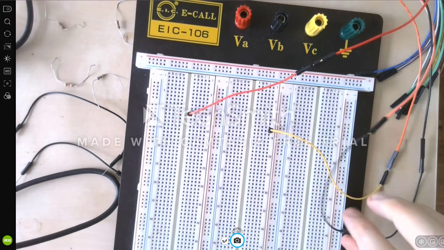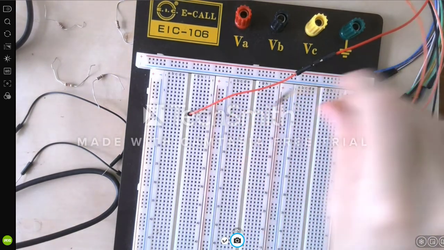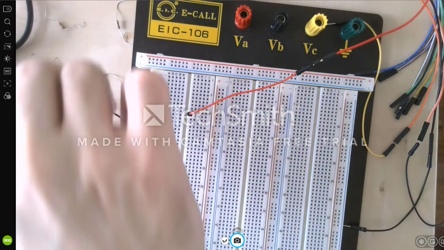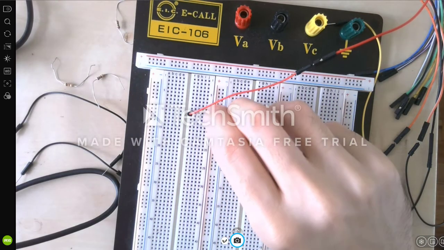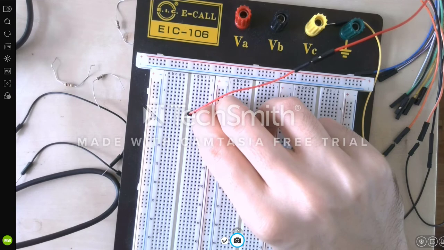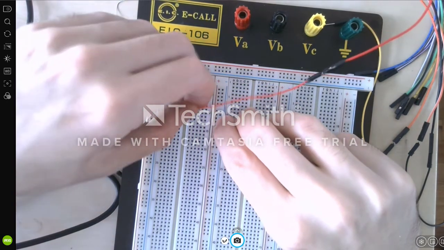Let's create our circuit. It's going to be a bit more complicated. Let's put them here.